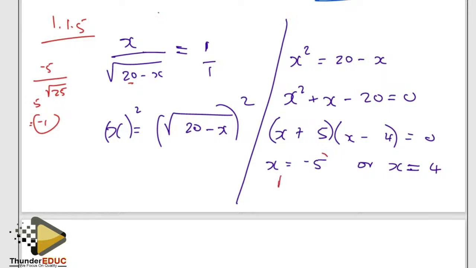So this is not applicable. We can cross this out. It's not a solution to that equation. Then let's try out 4. If I substitute a 4 there, I'll have the square root of 20 minus 4, which is 16. The square root of 16 is a 4. So that is 4 over 4, which is a 1. So this solution stands. So that is 1.1.5.